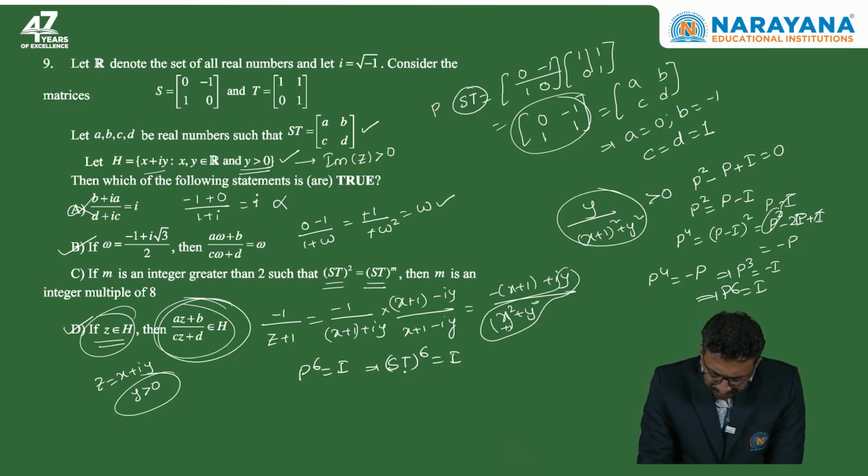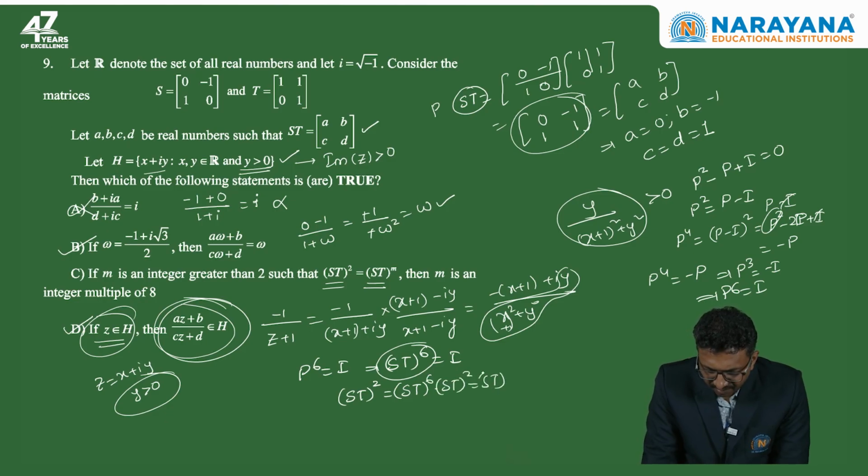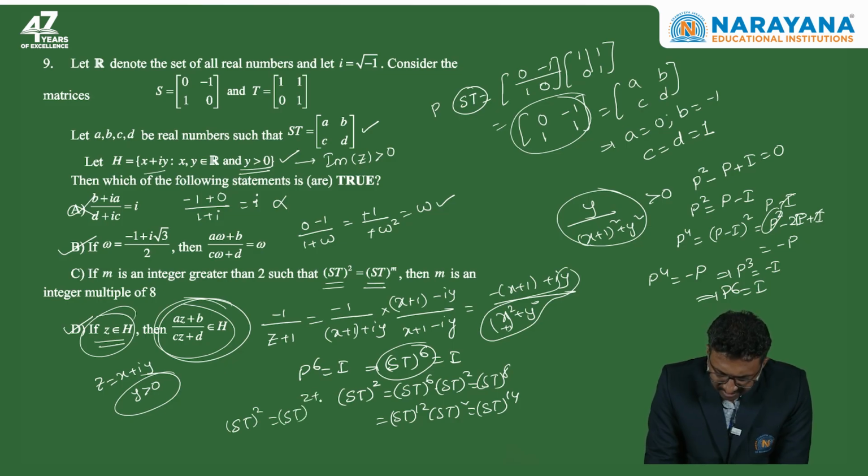So P power 6 is equal to I simply means that ST is also a non-singular matrix. I want ST square is equal to this, right? So you can multiply with ST power 6 as many times as possible. So ST power 6 into ST square is ST power 8, which is equal to ST power 12 into ST square, which is ST power 14. So ST square is equal to ST whole power 2 plus 6n.